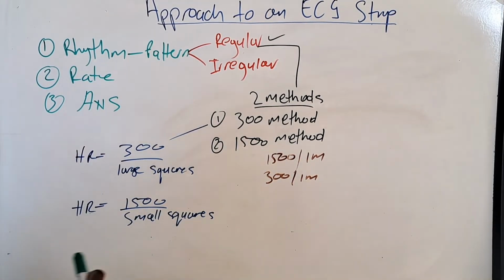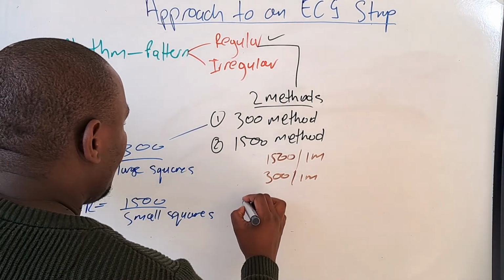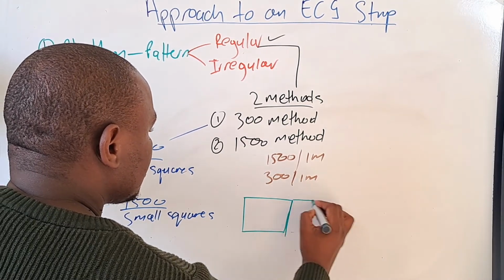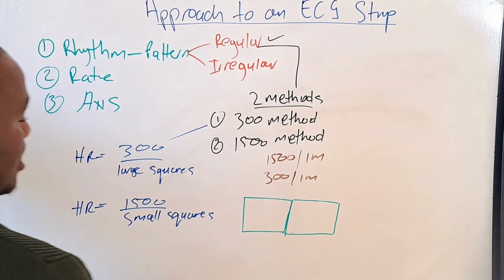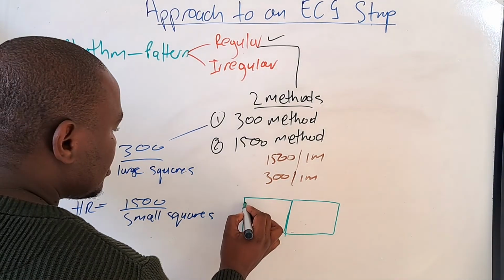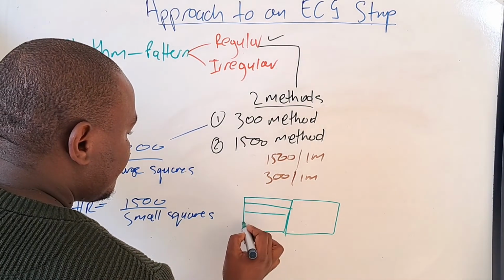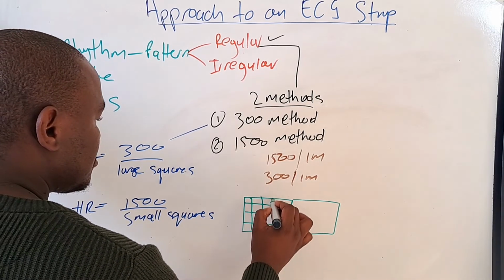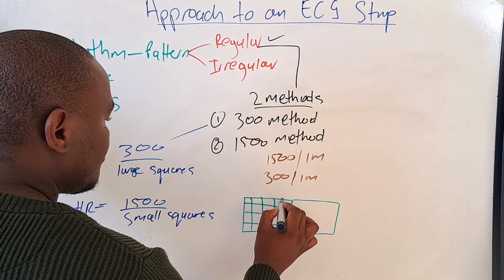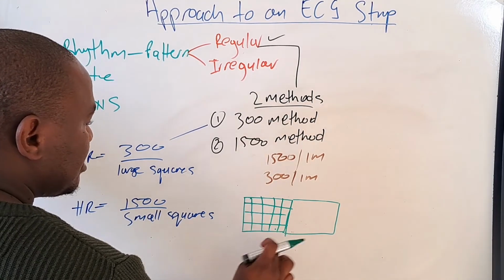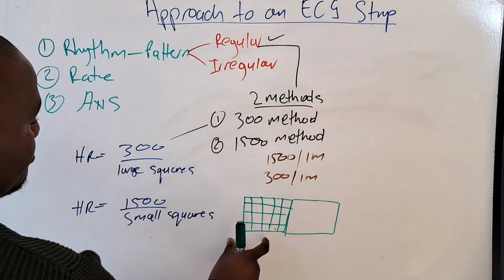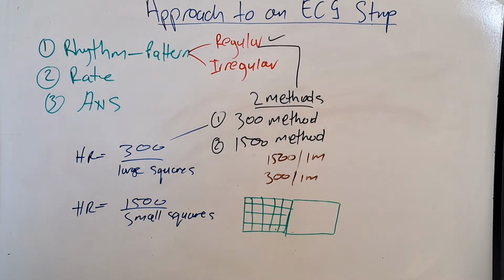So now, remember on an ECG, we've got big squares, and inside the big squares there are about 5 lines. There are 5 small boxes: 1, 2, 3, 4, 5. So this is a large, a big box, and inside it are small boxes.